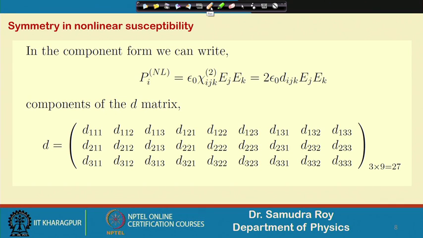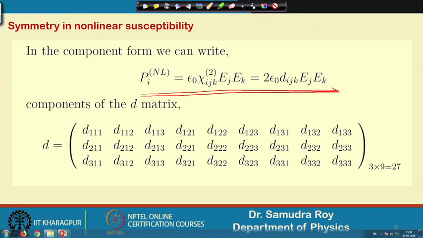Well, this is the component form of nonlinear polarization and electric field. So, the ith component of nonlinear polarization can be written in terms of j and k, and this is the susceptibility components, the tensor components of the susceptibility chi i j k.